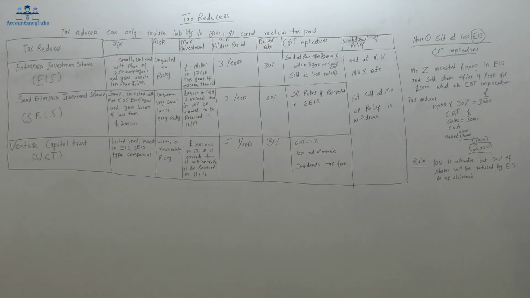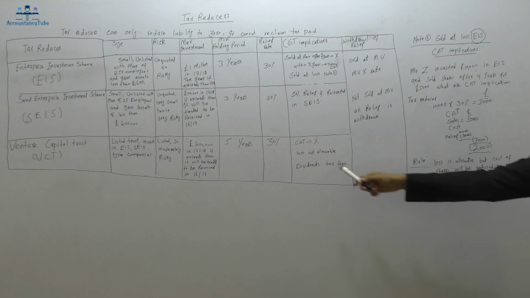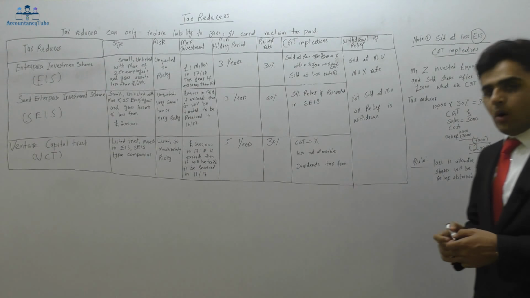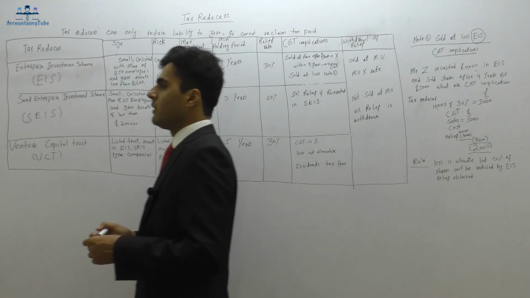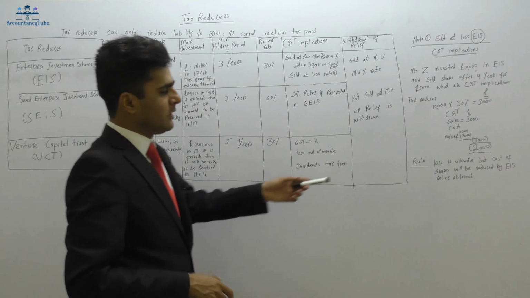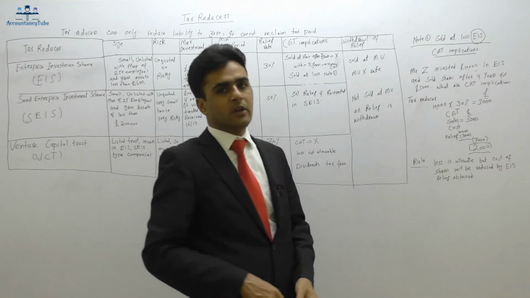All right. Now, if there would not be any loss, then we would create it again. But what it means is that loss is allowable. If it said that loss is not allowable, then we would have done 5,000 minus 7,000, which is equal to 0. 0 means no gain, no loss. So that means loss is not allowable. Whereas when it says loss is allowable, it means that loss is allowed, so we will create the loss here.